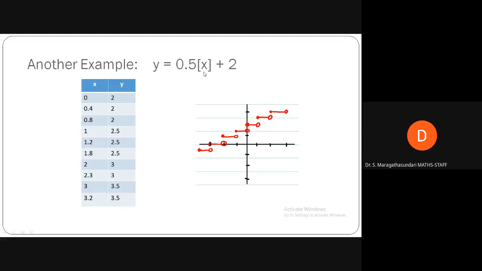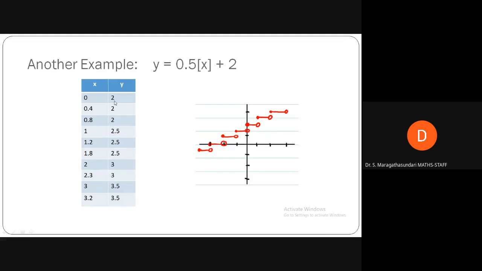Again, x is equal to 0.8, the greatest integer is equal to 2. Then when x is equal to 1, 0.5 into 1 plus 2, my answer is 2.5. When x is equal to 1.2, again 0.5 into 1.2 plus 2, we get the greatest integer as 2.5. The next, when I take x is equal to 1.8, again my greatest integer is going to be 2.5.